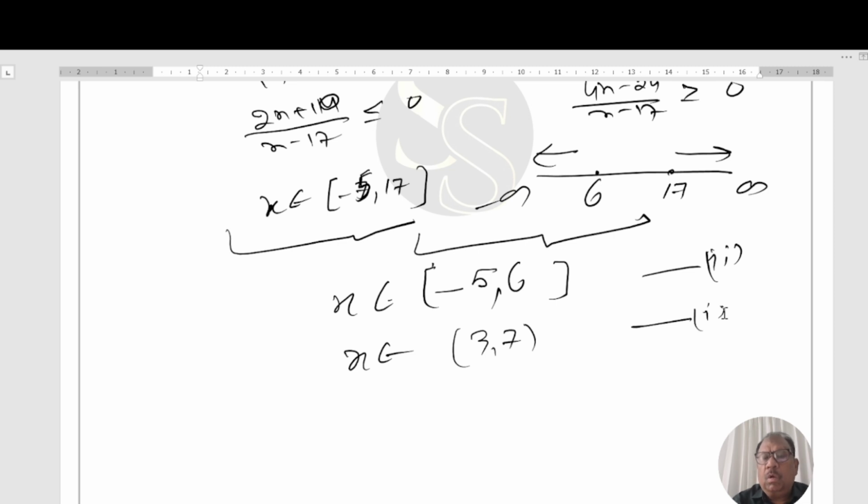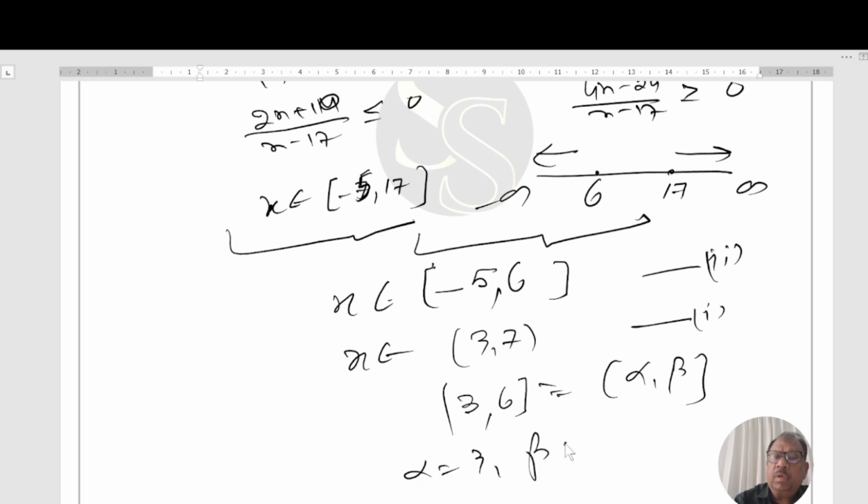So common will be 3, 6. That is equal to alpha, beta. So alpha equal to 3, beta equal to 6, alpha plus beta equal to 9.